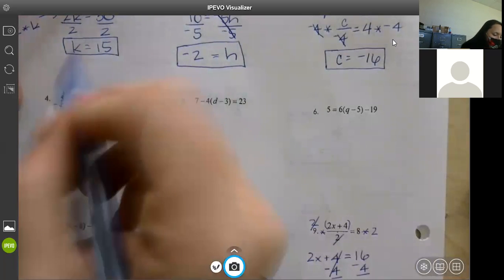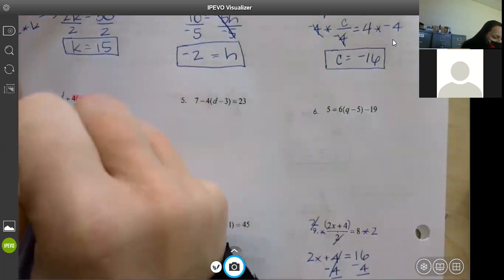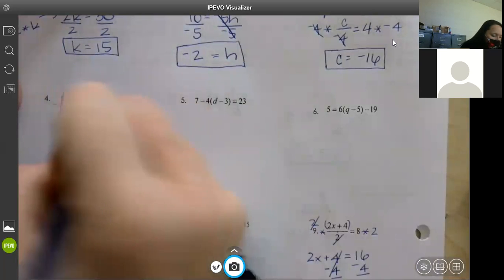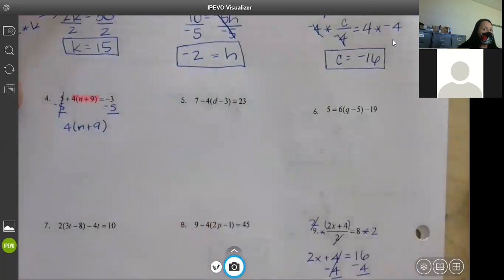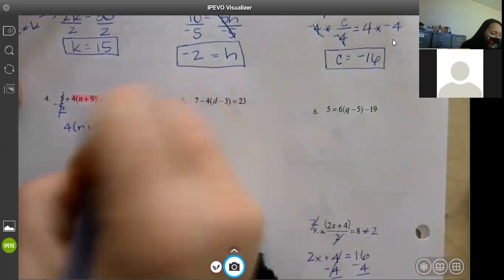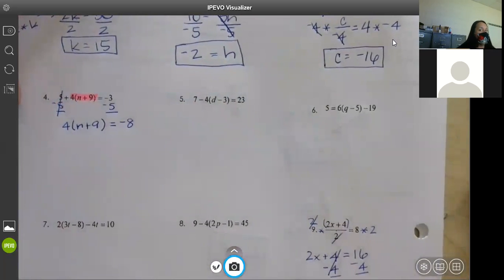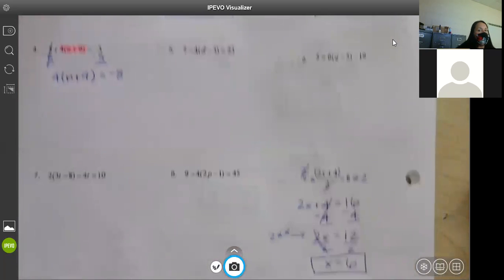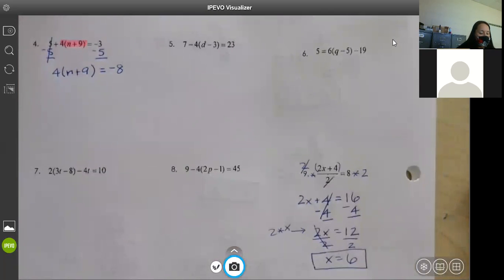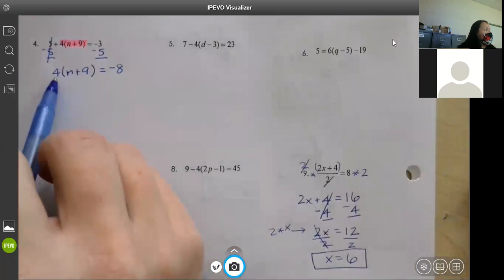Okay, so your 5s cancel out. You get 4 times n plus 9. I just brought that straight down. Equals -3 minus 5 is -8. Okay. Now, it looks like the other steps that we had before, where I told you this 4 is on the outside.